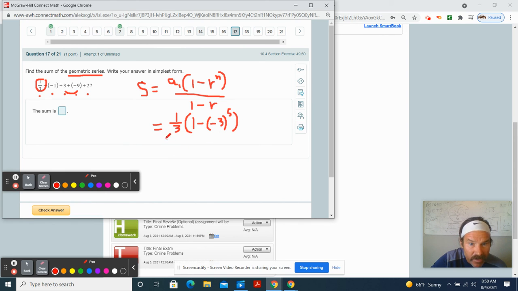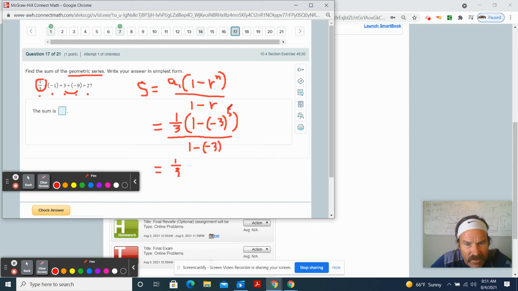And this is over 1 minus r. 1 minus r is 1 minus a -3. So just figure out what this is. I'm going to leave the 1/3 there. Let's see. -3 to the 5th power.